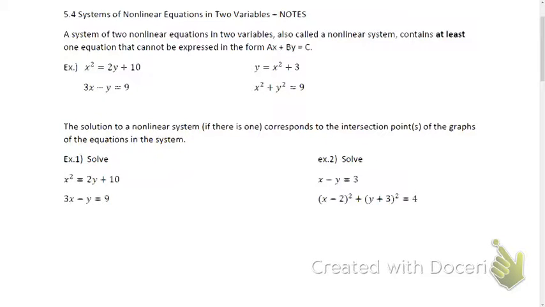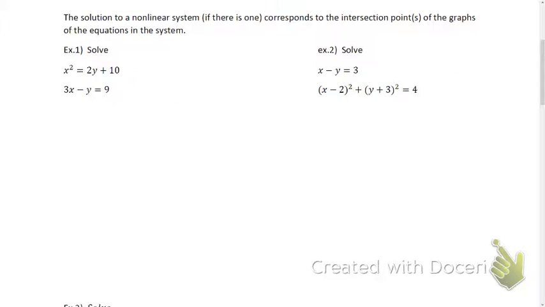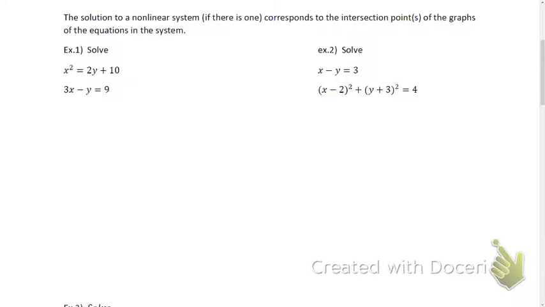I would look at 1 and 2 and look how different that is typed from number 3. Number 1 and 2, we have this mismatch of like an x to the first, x to the second. On number 2, it's a big mismatch because we have x to the second.